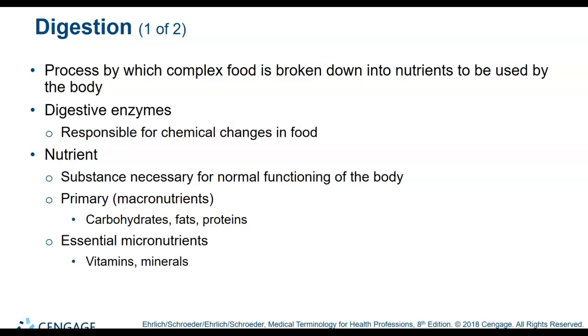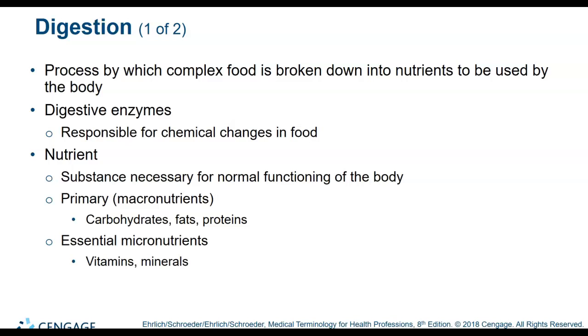So how does our food get broken down so we can use those as nutrients? Well, those digestive enzymes we've talked about, it actually causes chemical changes in our food. And then what happens is as it gets broken down, there's different types of nutrients in those foods.